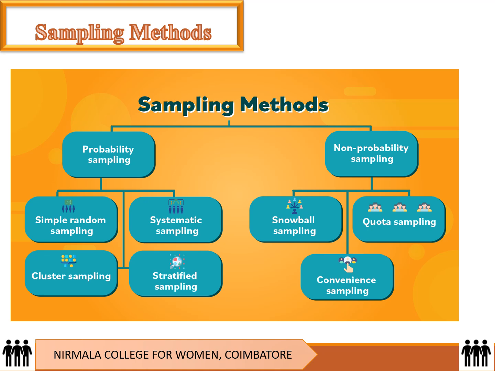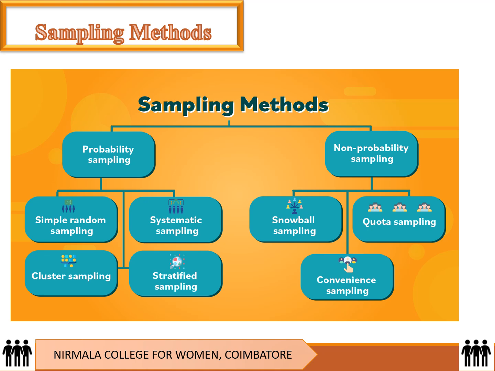So next we are going to learn about non-probability sampling. So far we have learned about probability sampling, and in that we have discussed 4 points: simple random sampling, systematic random sampling, cluster sampling and stratified sampling with the examples. Now we are moving to non-probability sampling.